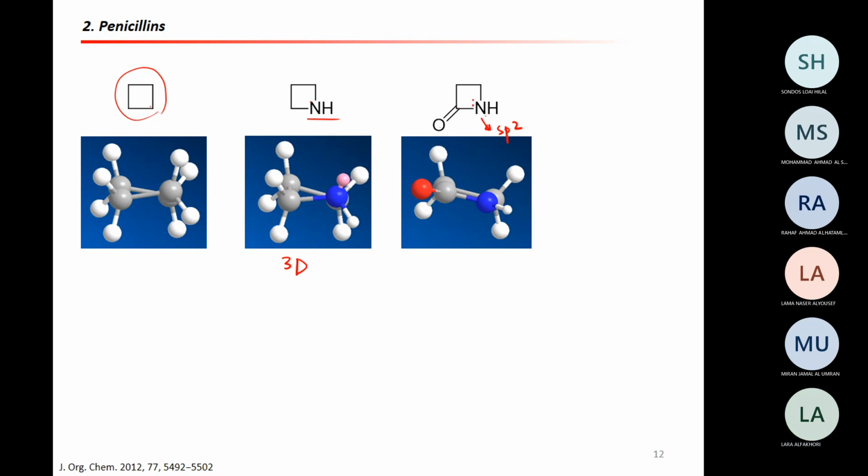Okay. طيب بما انها sp2 طبعا for sure في عليها lone pair صح؟ اللون pair برأيكم موجود in which orbital؟ p orbital بالضبط. It is present in a p orbital that is parallel to the p orbitals of the carbonyl, which allows for what? For resonance, or in other words, for delocalization of those electrons.